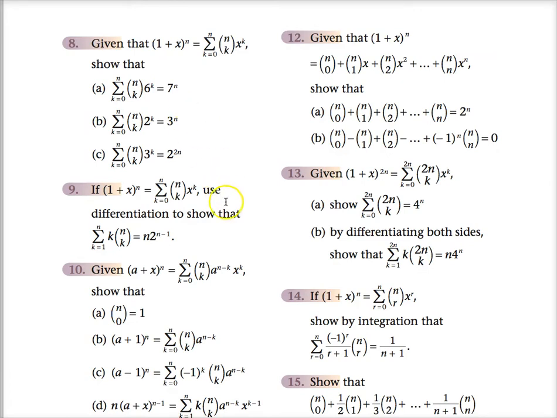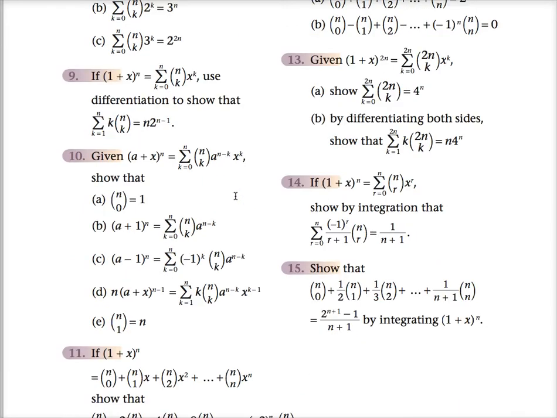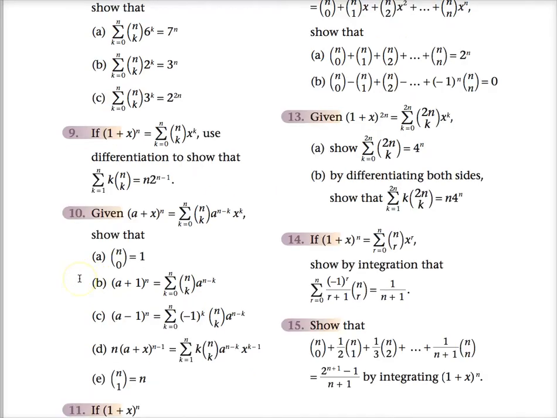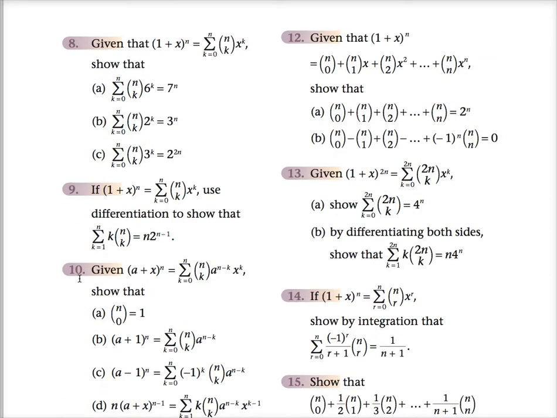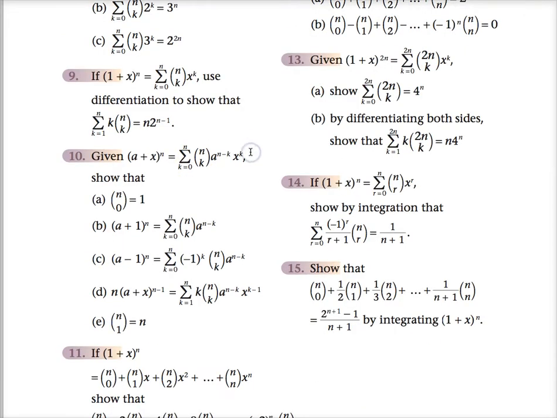So from the textbook, I want you to do exercise 10.5, question 8, which is just a straight substitution. Question 9, question 10, more than likely, is a straight substitution.